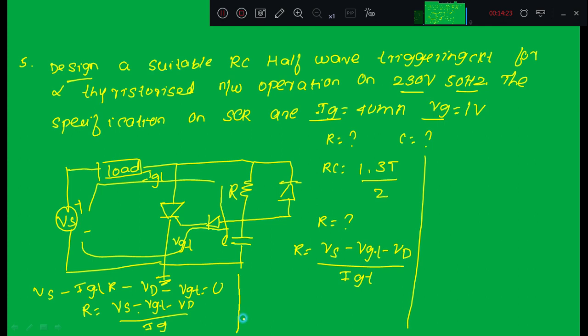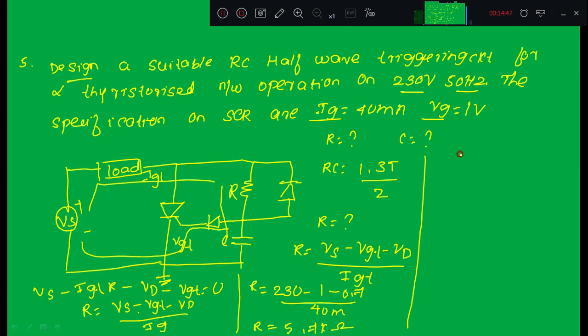So now our R is: Vs is given as 230 volt, Vgt is given as 1 volt, Vd is 0.7, Ig is given as 40 milli. If I simplify, I get R as 5.7 kilo ohm.